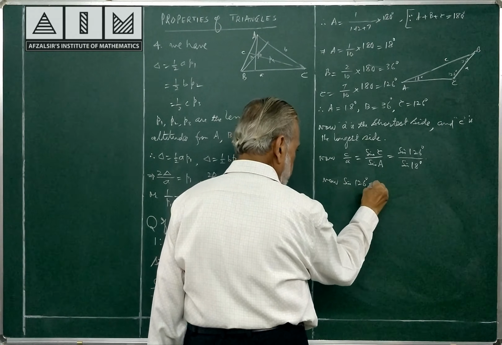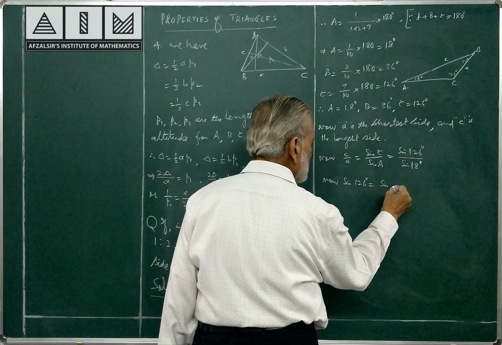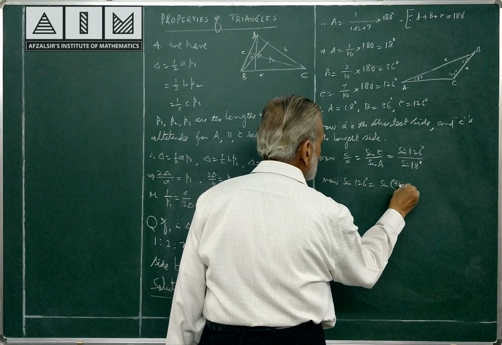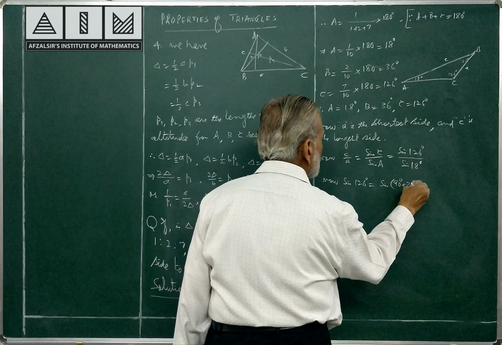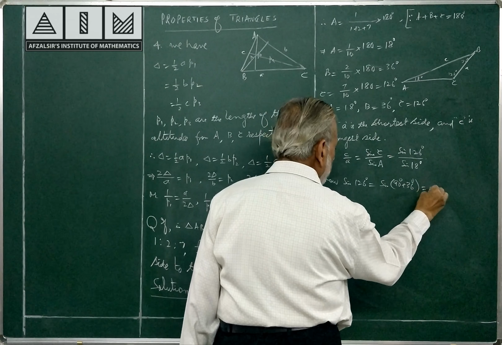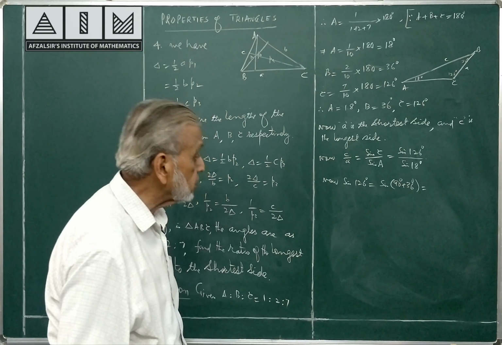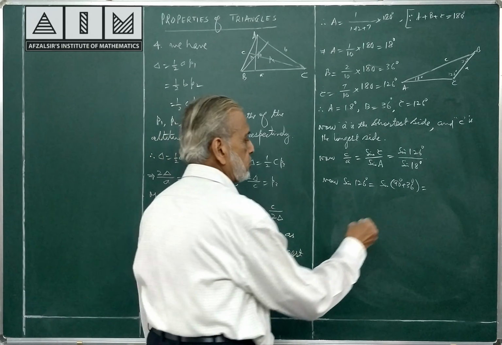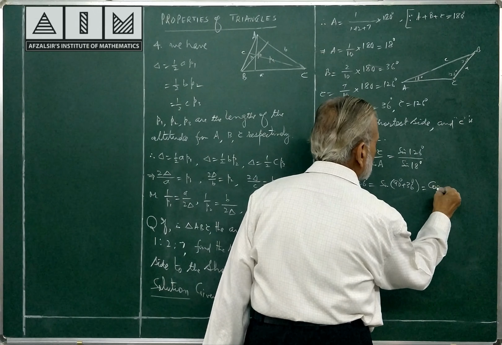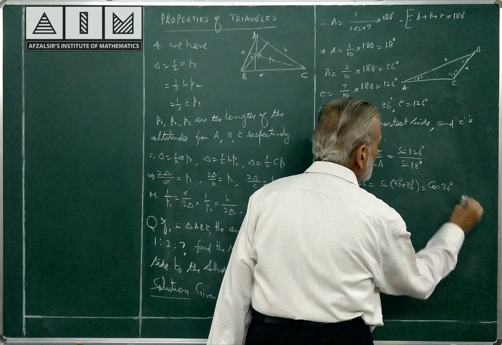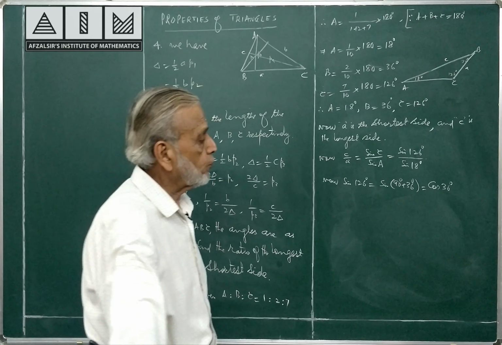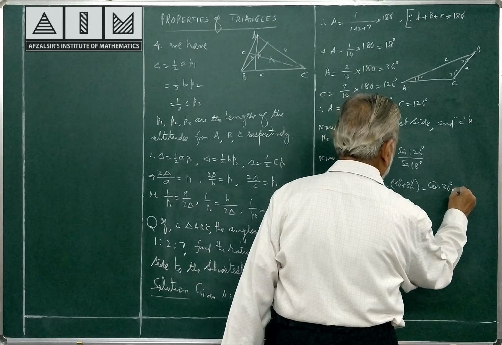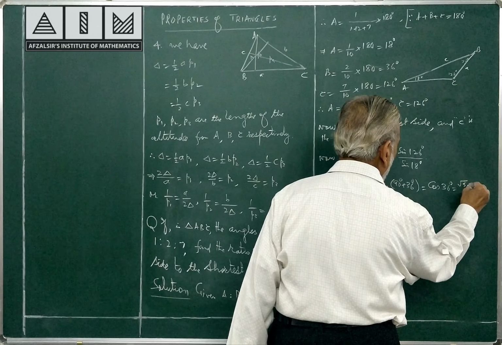How to calculate? Please see. Sin 126, sin 90 plus 36 is 126, sin 90 plus theta is cos theta. And the value of cos 36 you are expected to remember.